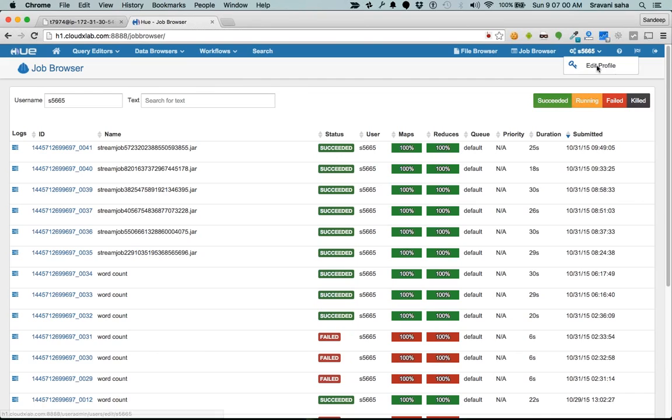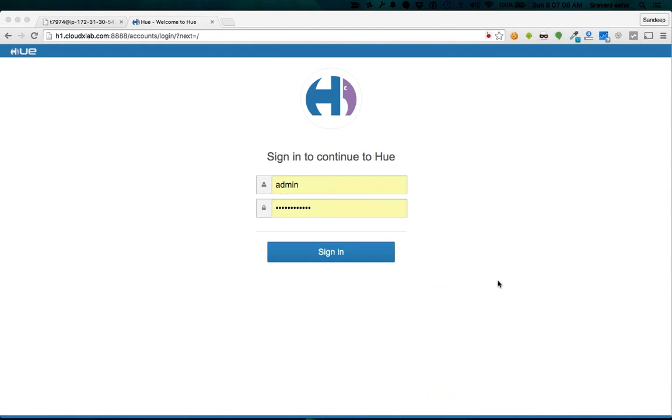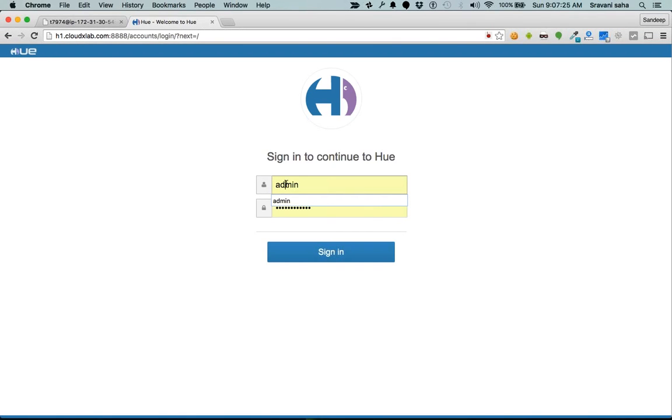Oh, I'm logged in to somebody else's account. That's why I'm not able to see. Alright, here is the command that I'm running right now.